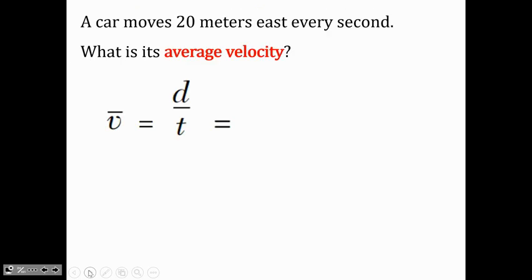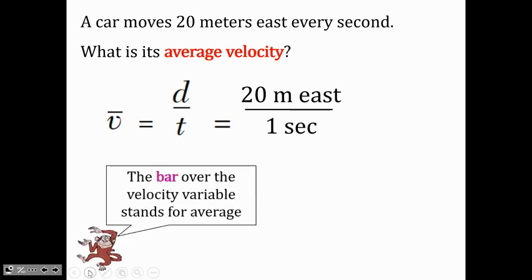We could calculate that average velocity by taking displacement divided by time. If the car moves 20 meters east every second, then it's moving with an average velocity of 20 meters per second east.